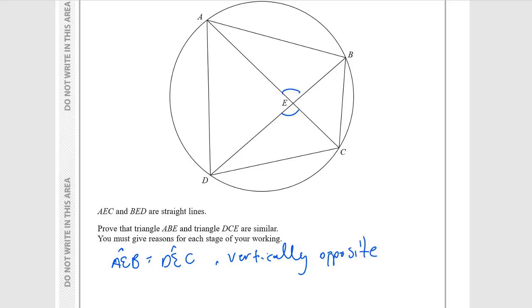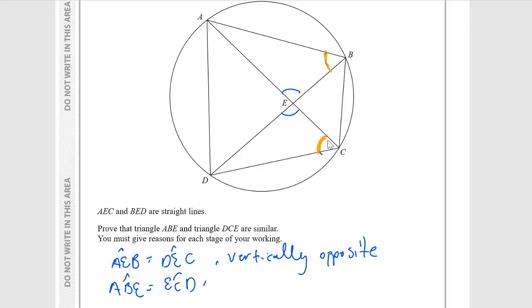And angle A, B, E and angle E, C, D are also equal. So that's ABE is going to be equal to ECD. Yeah, maybe a different color will be better. So these are going to be equal angles because they come from the same point.